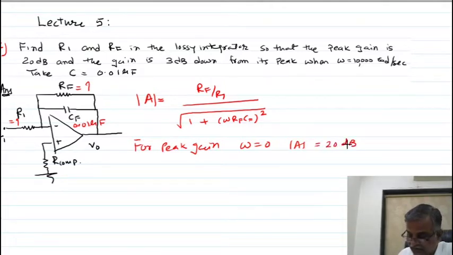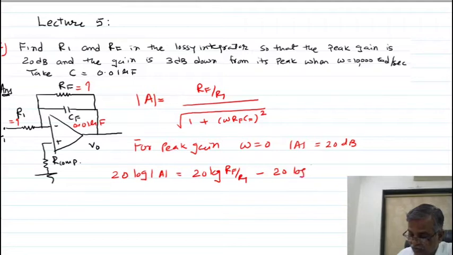So for this I can write here, remember, 20 log A is equal to 20 log Rf by R1 minus 20 log of 1 plus omega Rf Cf whole square raised to 1/2.